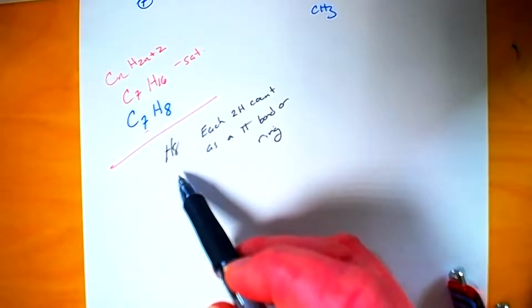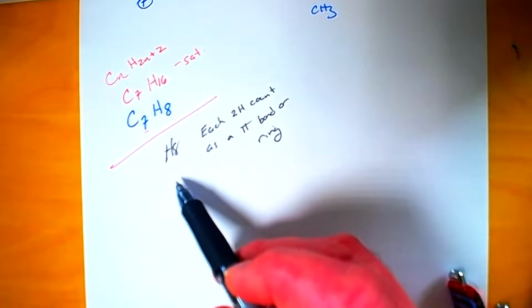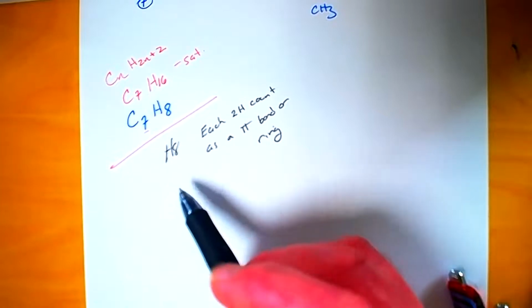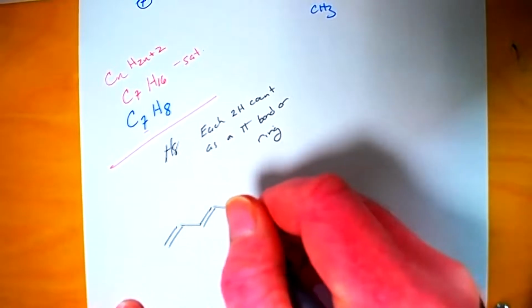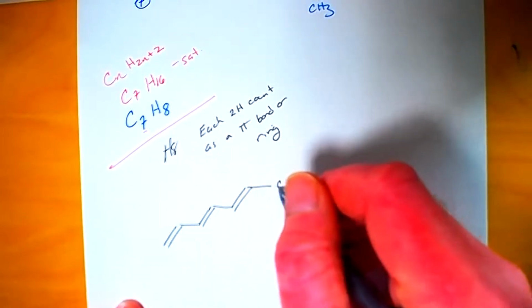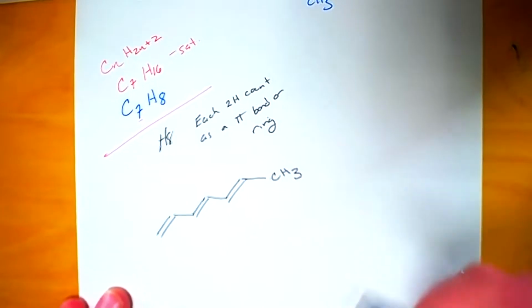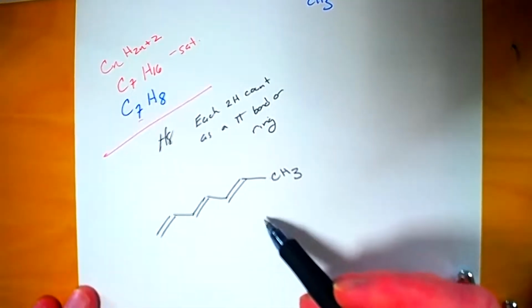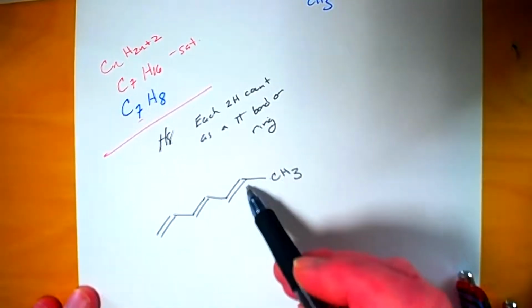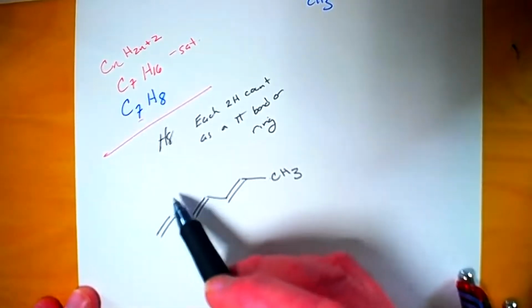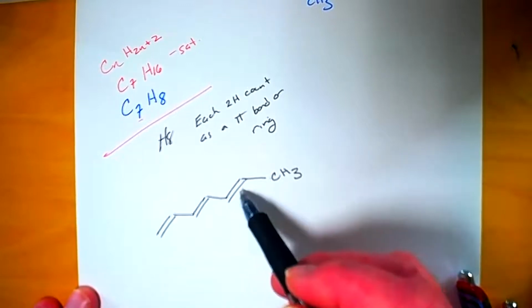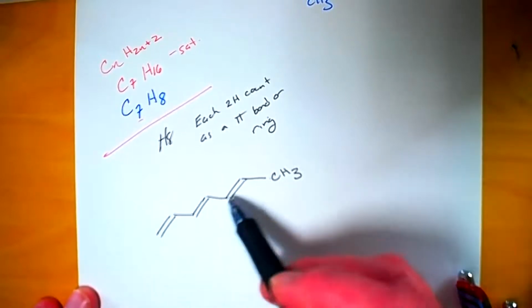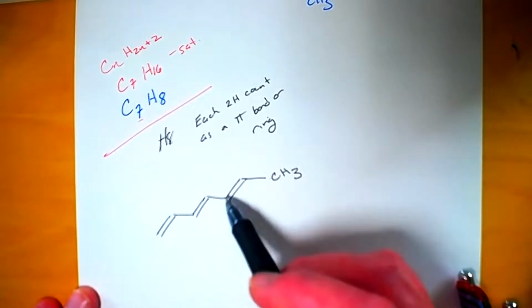Now, if you remember, I said there was only one signal that was below 100, okay? So if you went out and you just tried to draw that, let's say with 3 double bonds and a CH3 like this, okay? This right here would fit the bill for the unsaturation, except for one thing. It doesn't have enough. This only would count for 6 hydrogens, and I would need 1 more.